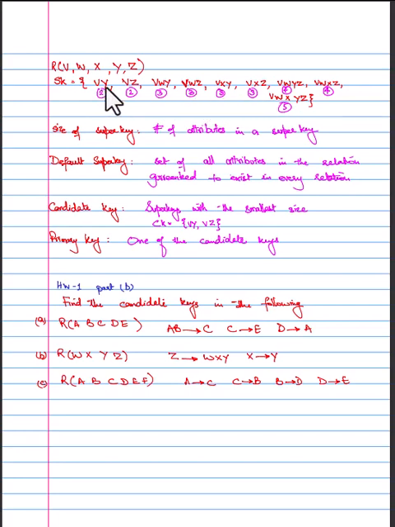V, Y is a super key, V, Z is a super key, and similarly all the super keys: V, W, Y, Z; X, Y, Z; V, W, X, Y, Z. So this means these composite attributes identify each record. The size of a super key is the number of attributes in the super key. So the size of this super key is 2, this is 3, this is 5, and this is 4.